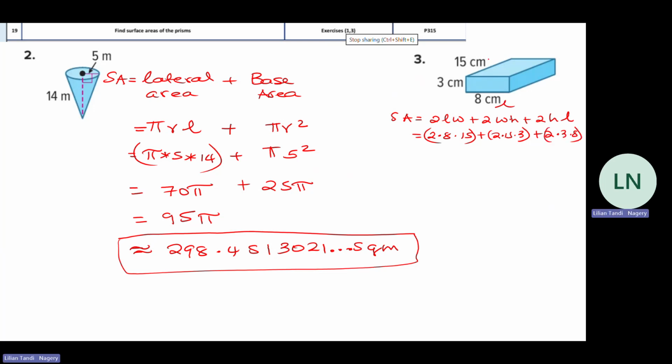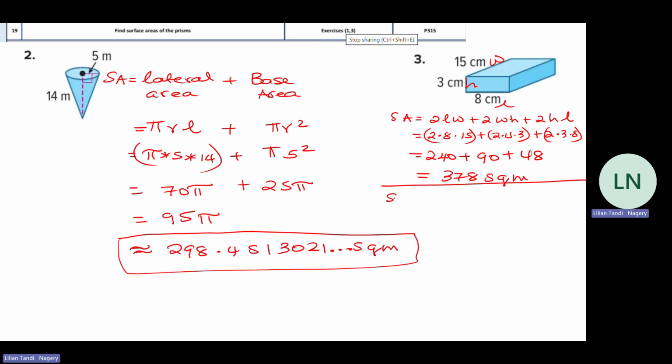This is your length, this is your width, this is your height. The answer to my first parenthesis is 240 plus 90 plus 48. That gave me 378 square meters.